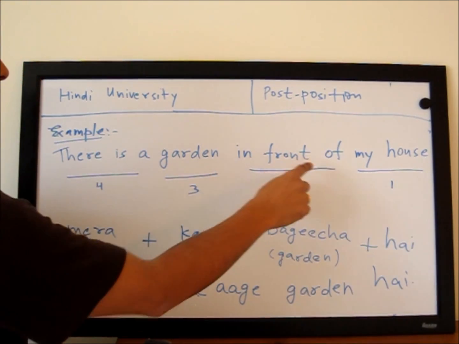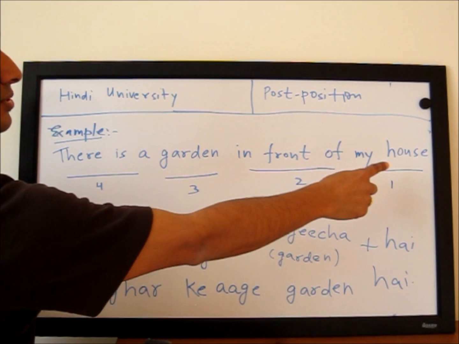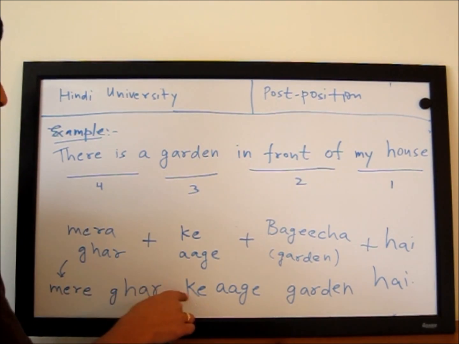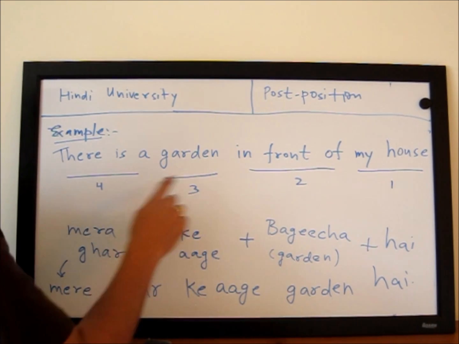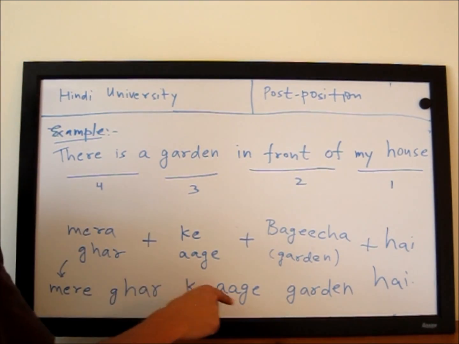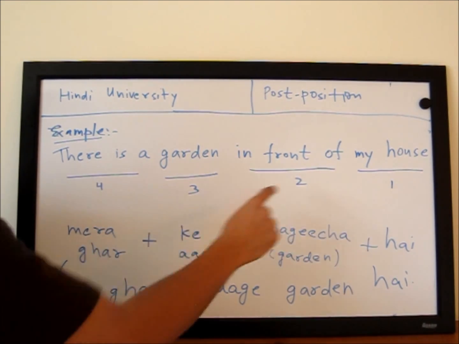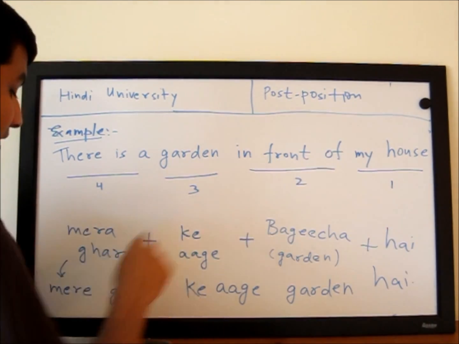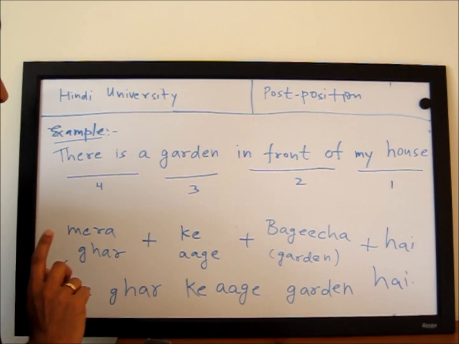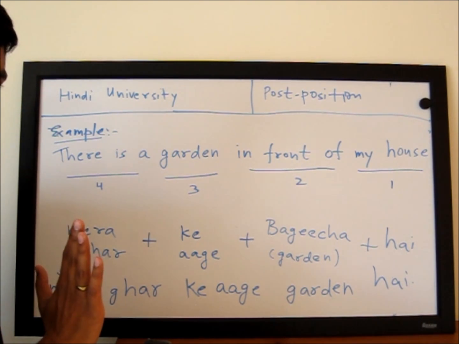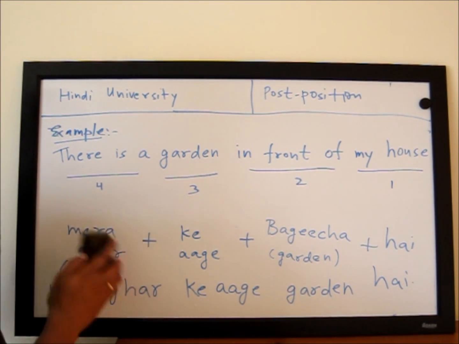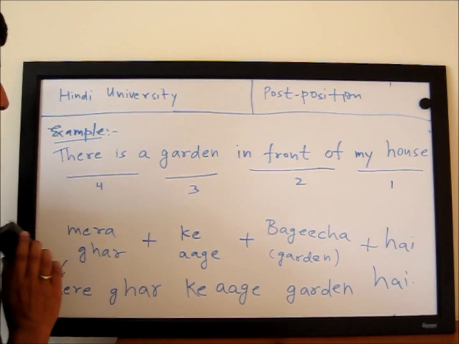There is a garden in front of his house, his, so it would be उसके घर के आगे. In front of their house, उनके घर के आगे. In front of our house, हमारे घर के आगे. This may be a little complex, so be patient. We'll get there. This is clear.